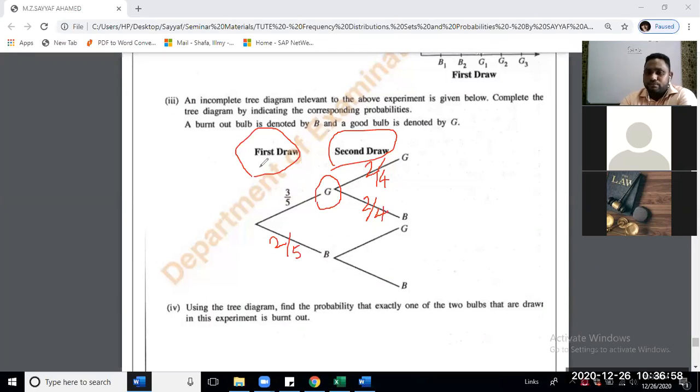That is the upper branch. And in the lower branch, we assume the burnt out one has been picked up first, therefore for the second row there will be only 1 left. In that case, the good bulbs, all 3 remain, right? So then you can calculate their respective probabilities and get the number sorted.